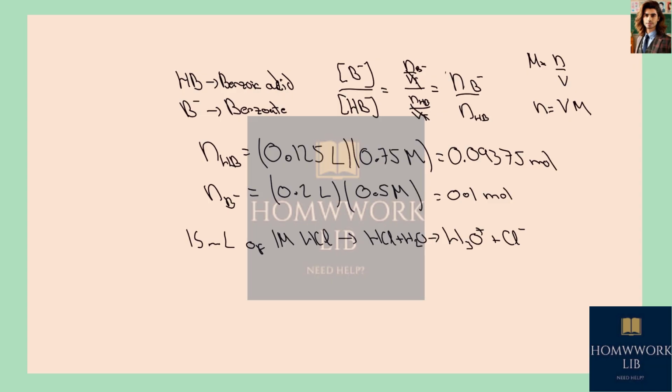So the amount of mole of H3O plus that I'm going to have is equal to the volume, again, in this case 15 times 10 to the minus 3 liters, times my concentration, so 1 molar. So I have 1.5 times 10 to the minus 2 mole of H3O plus.